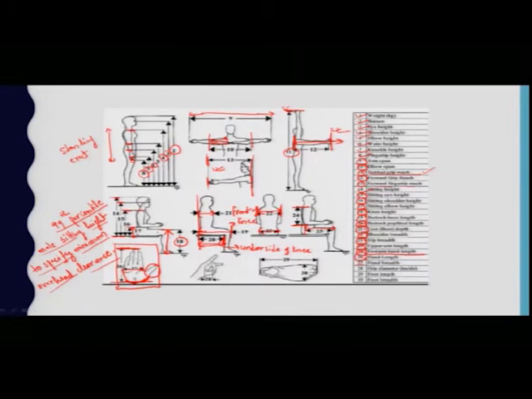28 is the grip diameter. If you are firmly holding something, the maximum diameter you can hold is your grip diameter, which is calculated as an inside diameter. And as far as foot length and foot breadth are concerned, lengthwise it is length and this is breadth.